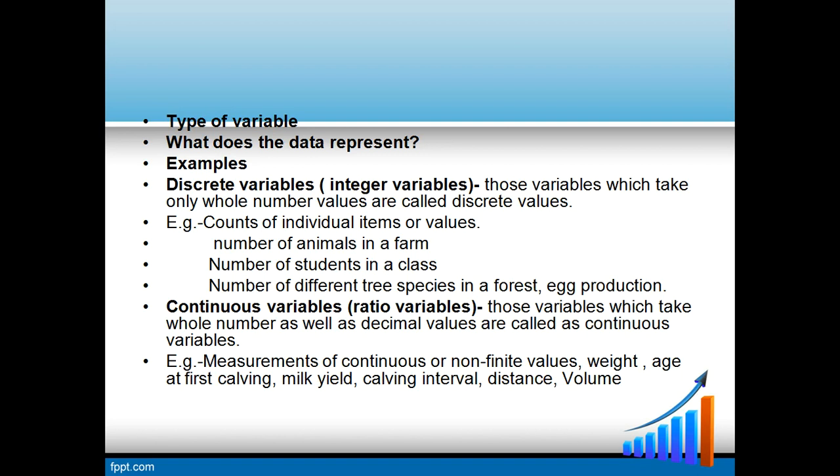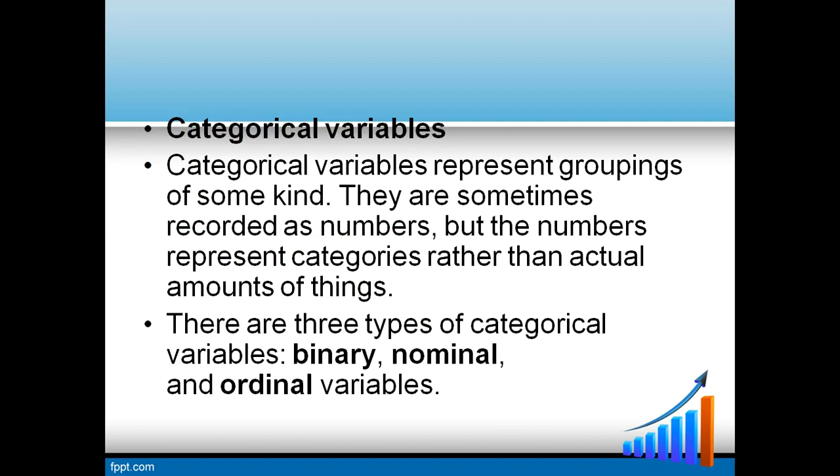So all those variables which take only whole number values, number of students, number of fingers, number of toes, etc., they don't take decimal or fraction values. They are called discrete or discontinuous variables, because they don't take the values in between. They just take the whole number values and don't take the decimal values. Compared to it, the continuous variables are those which take whole numbers as well as decimal values. Examples are measurement of continuous or non-finite values: weight, age at first calving, milk yield, calving interval, distance, volume, etc.